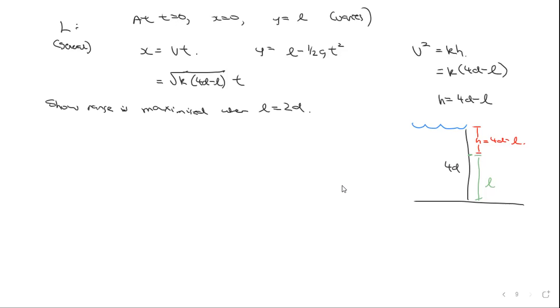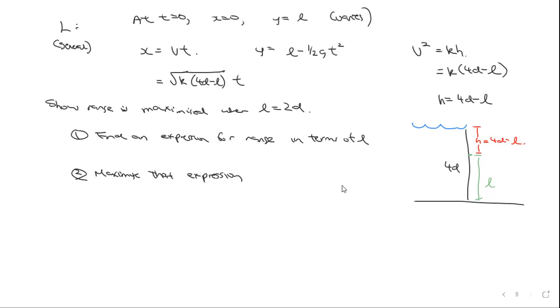And basically your steps involved here would be, one, to firstly find an expression for range, which is what we're working towards here in terms of L. And then two, once you have that, essentially maximize that expression, which may or may not involve calculus. We'll see, depending on what the expression is, but it may involve calculus. So we'll basically do things we've done before with leaks 1, 2, and 3, but this time in general. So that's basically our steps, all right?